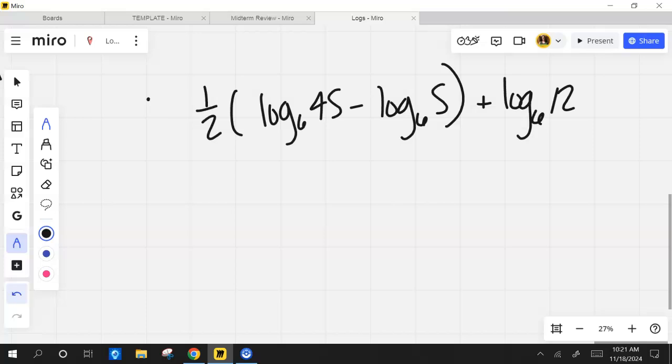Well, not even, you just evaluate it. What does that equal? Why are we expanding this or condensing? I thought you said it's log base 6 of 36. What's log base 6 of 36 equal?